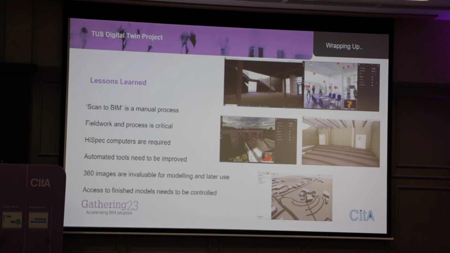And the final part then is, I suppose, the access to those finished models does need to be controlled. We do need to be mindful of security when we're doing this, and the amount of data contained within a digital twin is phenomenal. And that information can be useful, and it can be used against you if you're not careful. So, all of that does need to be controlled.